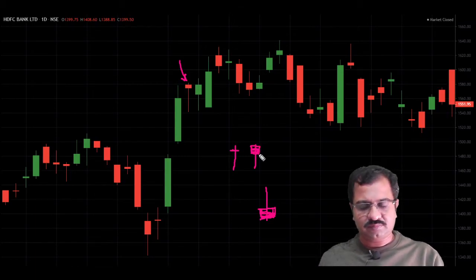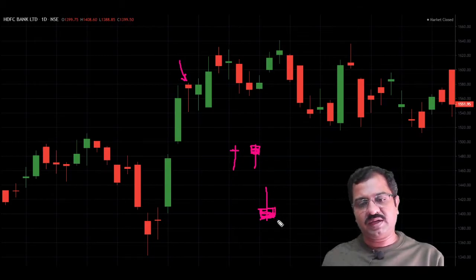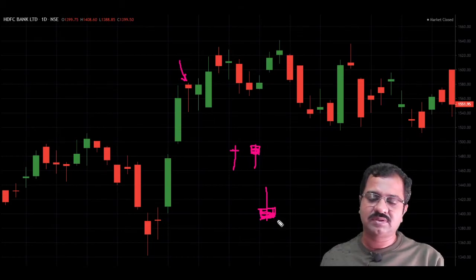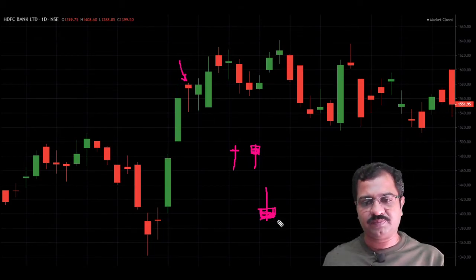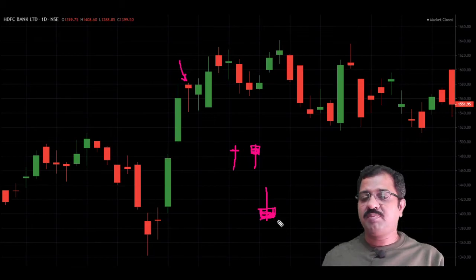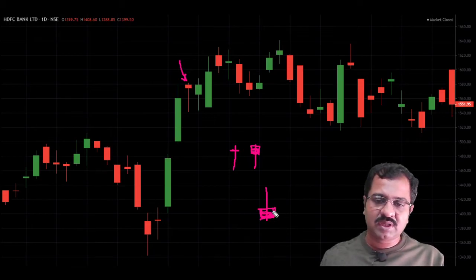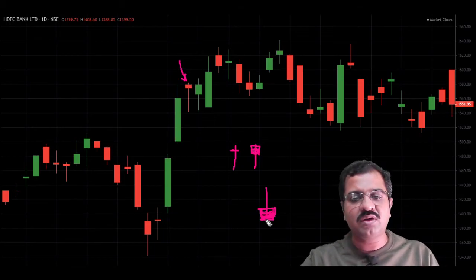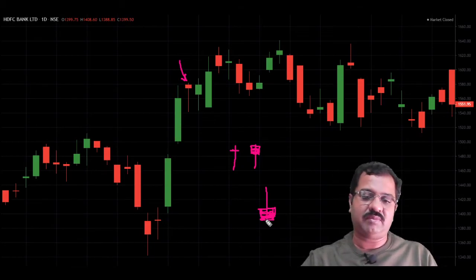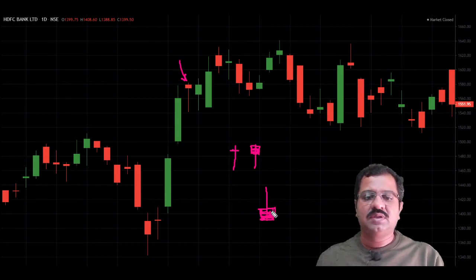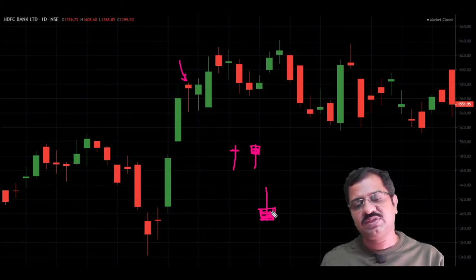Now this is an inverted hammer, and its interpretation is again the same as the gravestone doji. Now if these are formed at the bottom of the swing, this is called an inverted hammer.